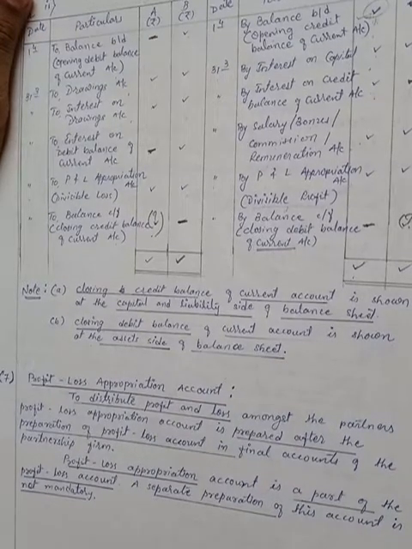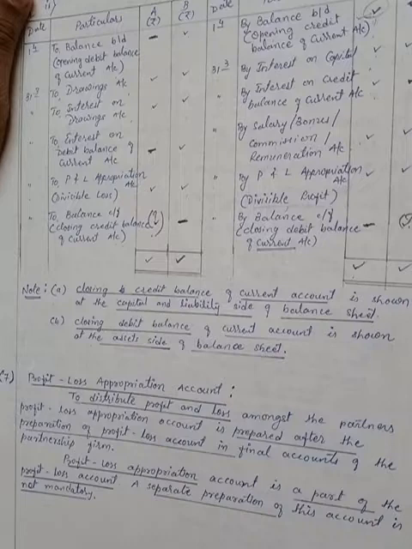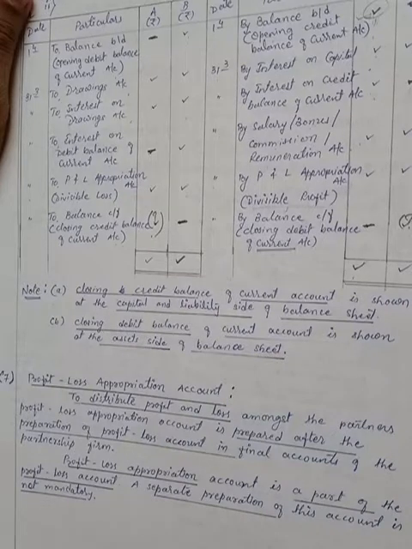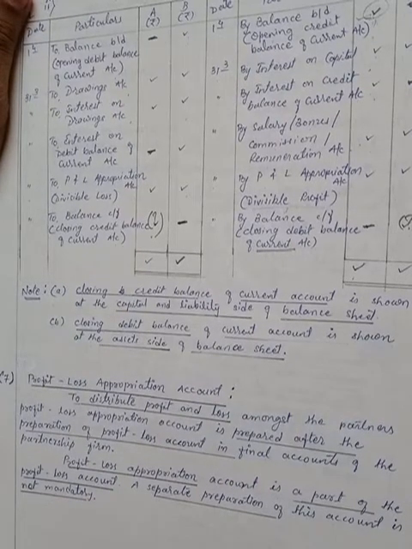And one additional thing, any appropriation of profit to a reserve, that is any reserve created by the firm out of the profit, should also be recorded in this appropriation account. So these are the things which we are going to record.